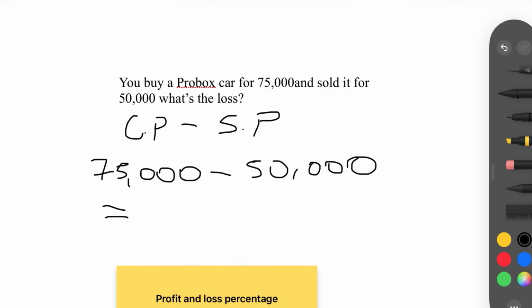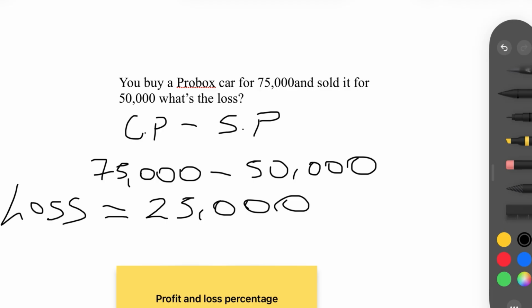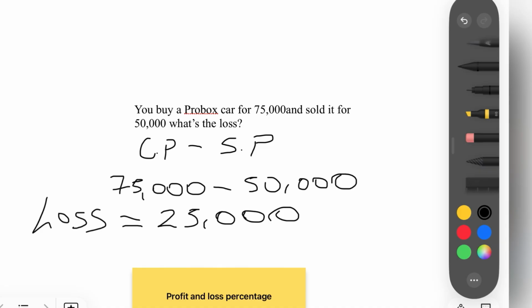And now we just put that in our calculators, or obviously you can just use your brain, which gives the answer of 25,000. And this would be our loss.